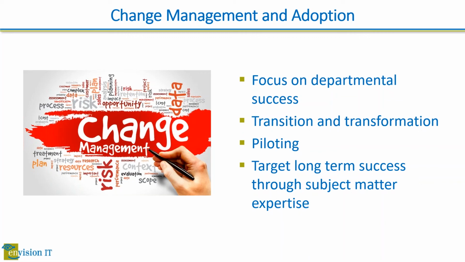So to start off the change and adoption conversation, you want to make sure you're talking about focus, and that focus needs to begin with departmental success, which means asking sometimes difficult questions. The answers will be incorporated into a change management plan, and then further adoption as you move forward with your project and migration.